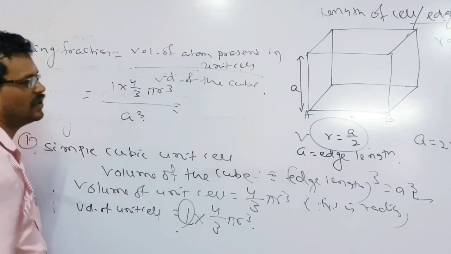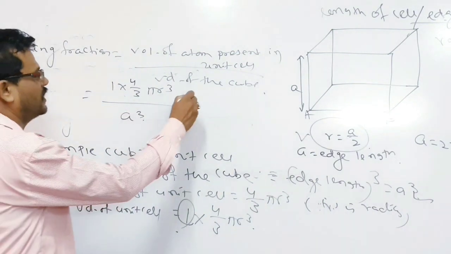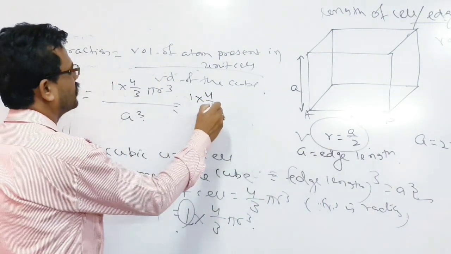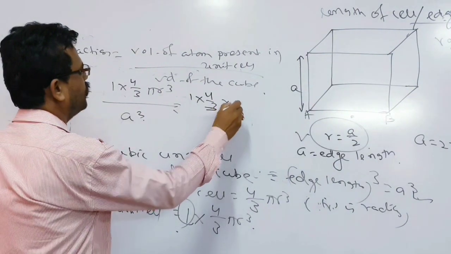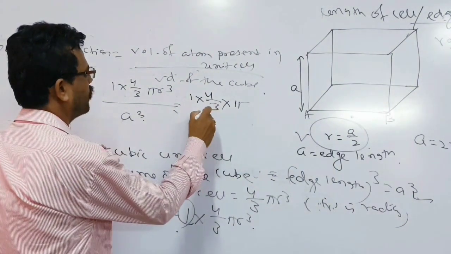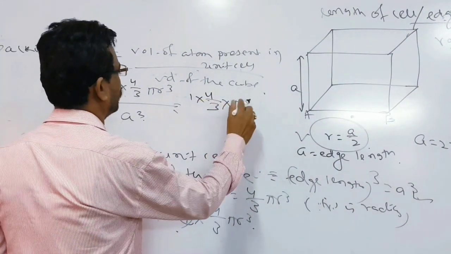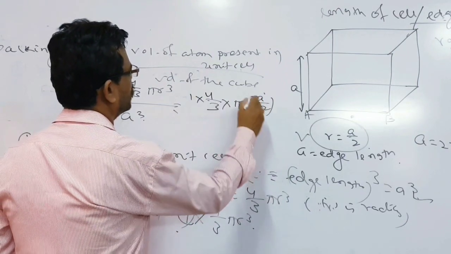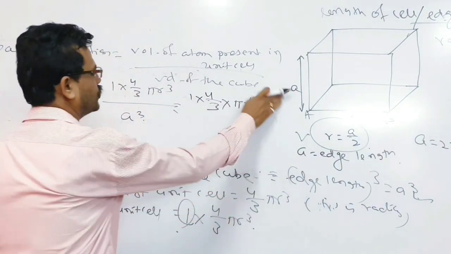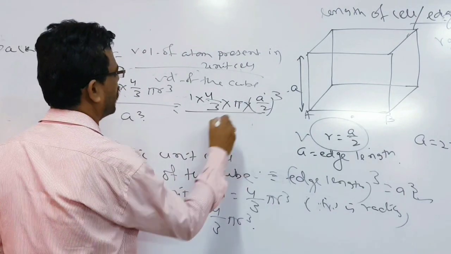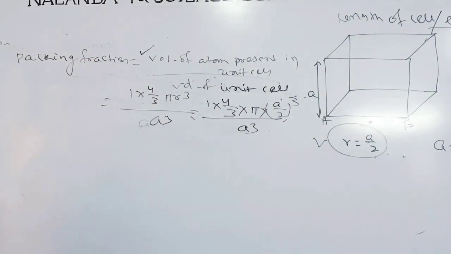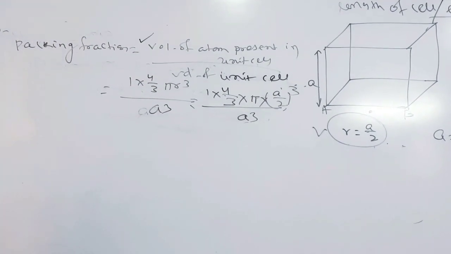But we know that r is equal to a by 2, so we will put a by 2 in place of r: 1 into 4 by 3 pi, a by 2 cube, divided by a cube, that is the volume of atoms present in a unit cell by the volume of the unit cell.